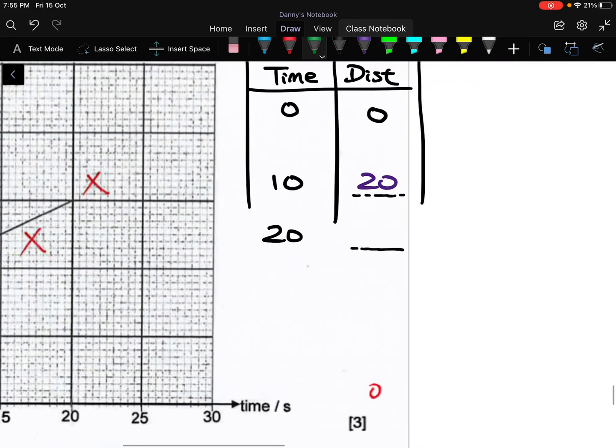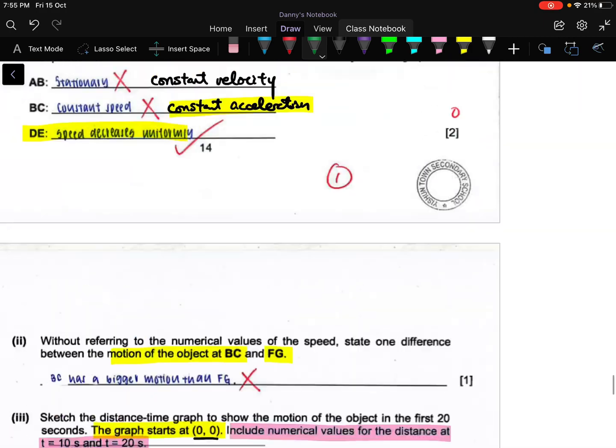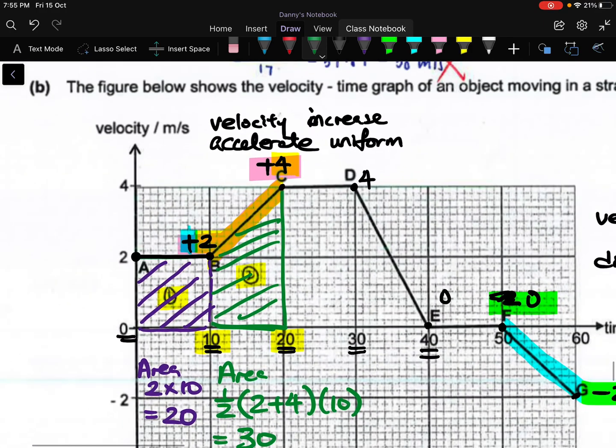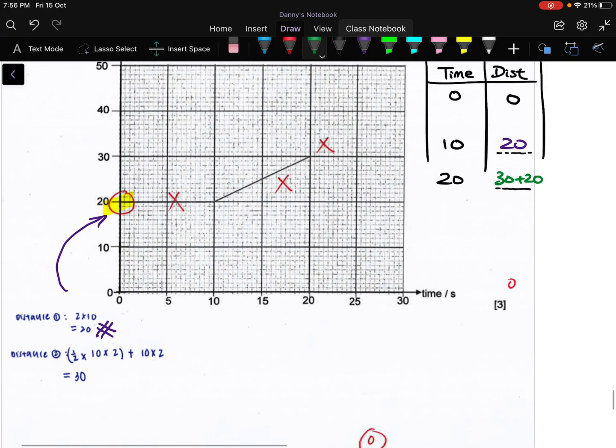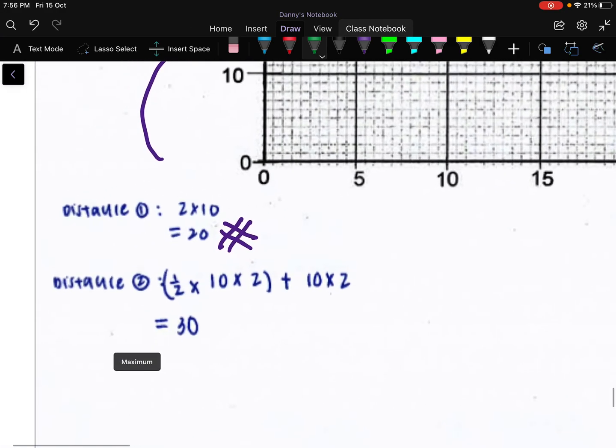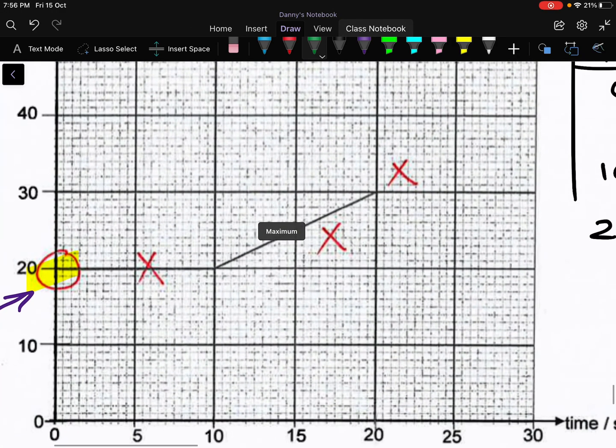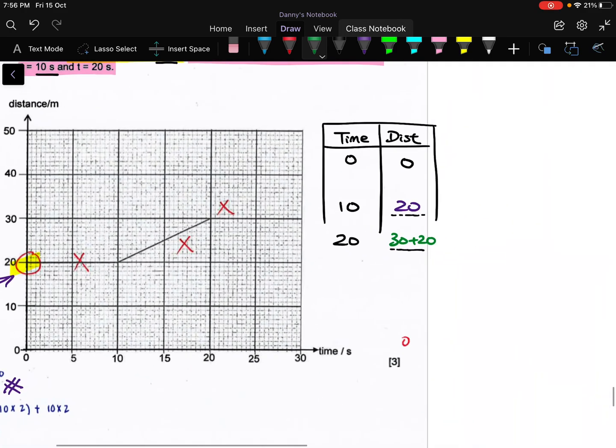So it means that down here, I would have 30 plus 20. Because when I reach time equals to 20, this entire thing is the distance that I have covered. So I need to add them together. And actually I can see that. You see? But she didn't know that she needed to add them together.